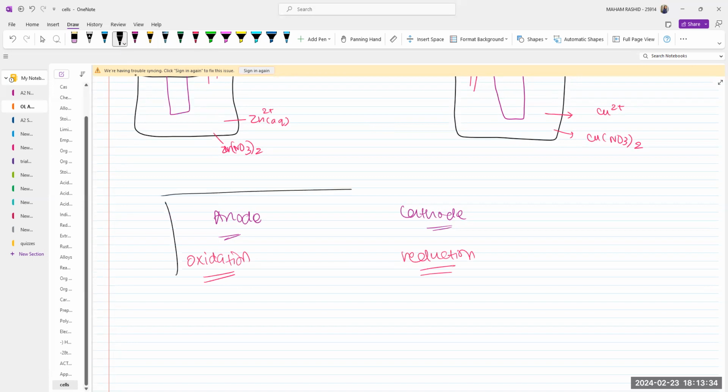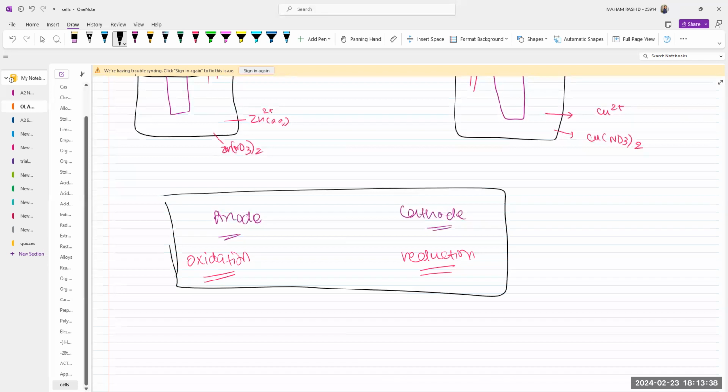This is a set thing which does not change, even if you have an electrolytic cell or an electrochemical cell.